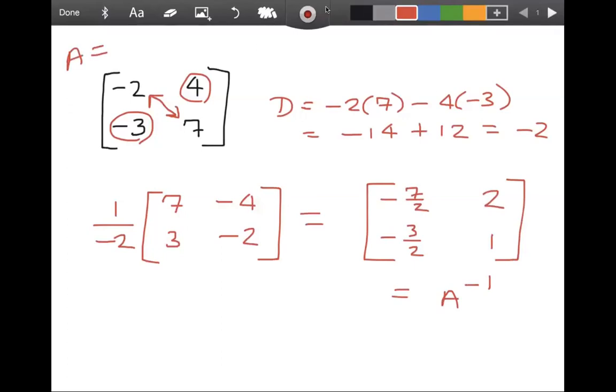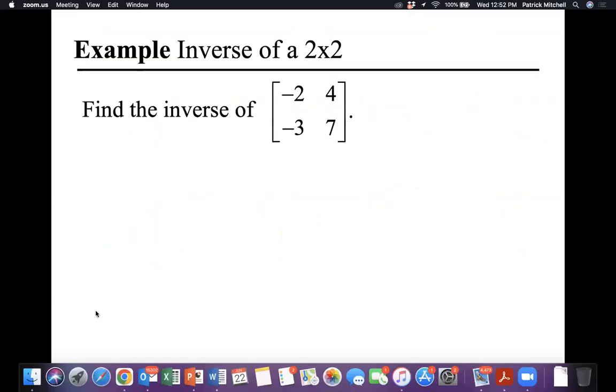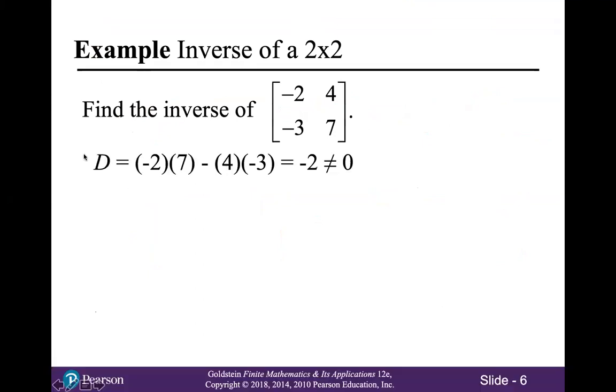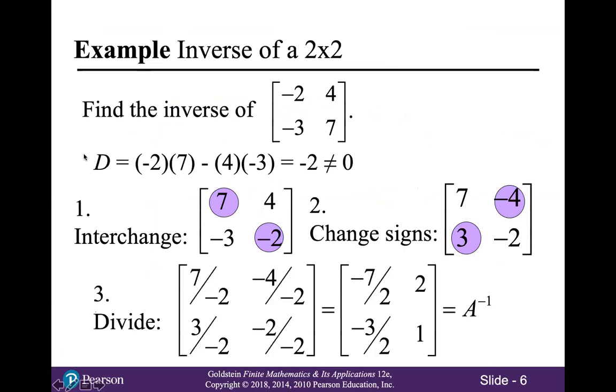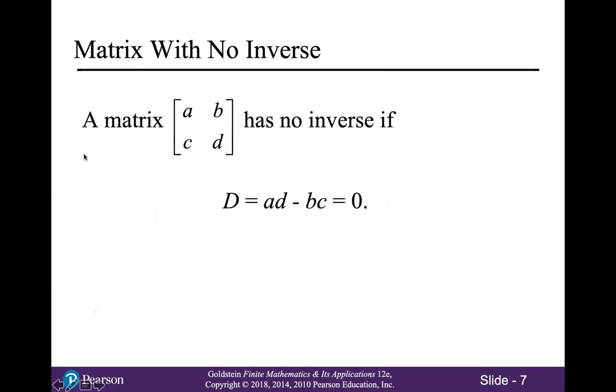All right, going back to the presentation. Okay, so that looks like what we did. A matrix A, B, C, D has no inverse if the determinant is equal to 0.